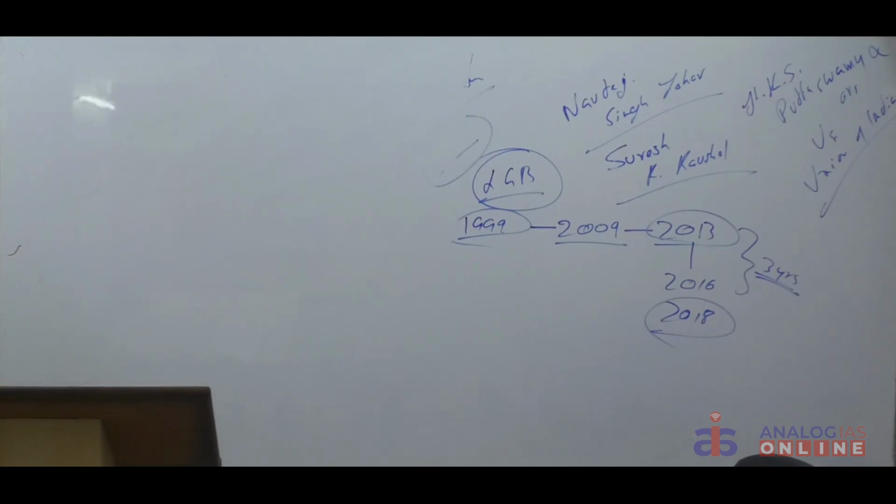Ordinarily, the understanding I'm going for is Varnashram Dharma. It says that the Hindu society is divided into how many groups?